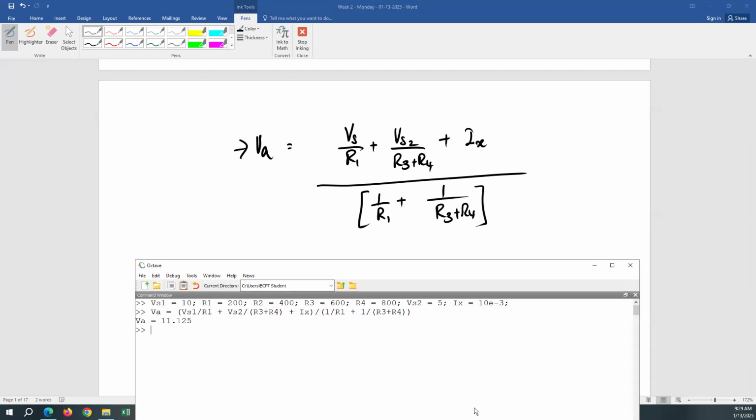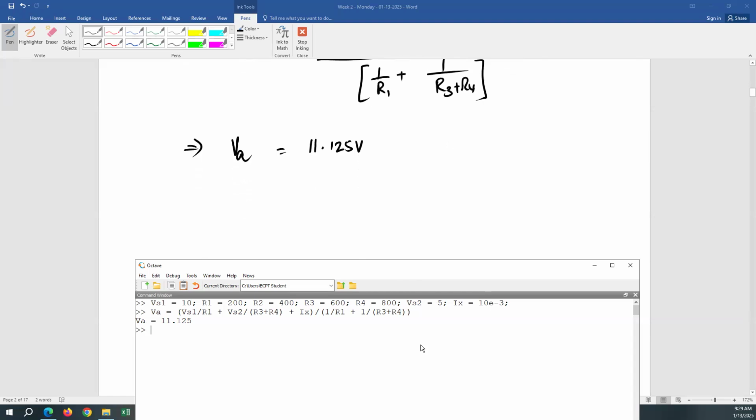Make sure you check, do it on your side and see if you get the same result. Sometimes parentheses can make a difference. I can put incorrect parentheses and the result will be incorrect. So just make sure that you do it as well so you can confirm if the result is correct or incorrect.